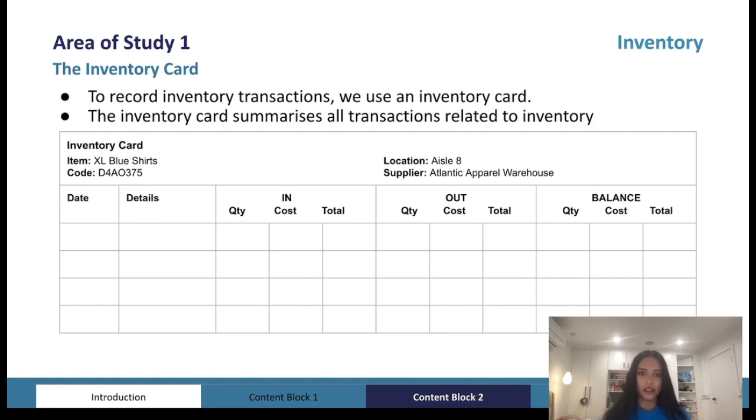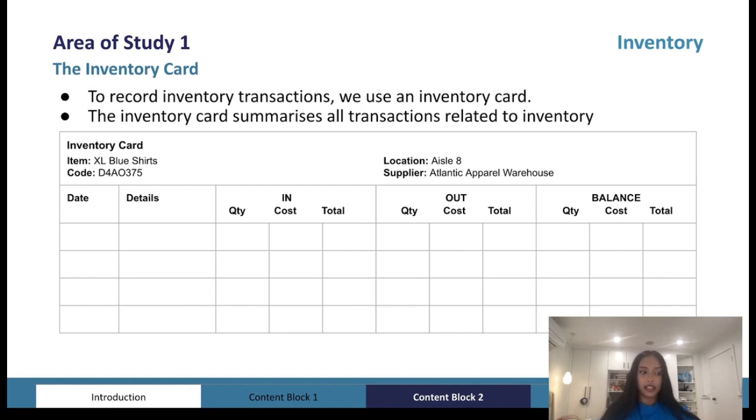In this case, this is obviously some sort of clothing store and they have their inventory organized in aisles that you can walk down, which might not be true for every single store. They might have sections, like how Kmart has women's, men's, children's, stuff like that. Also included at the top of the card is the name of the supplier that the business has purchased this item from, which in this case is Atlantic Apparel Warehouse.